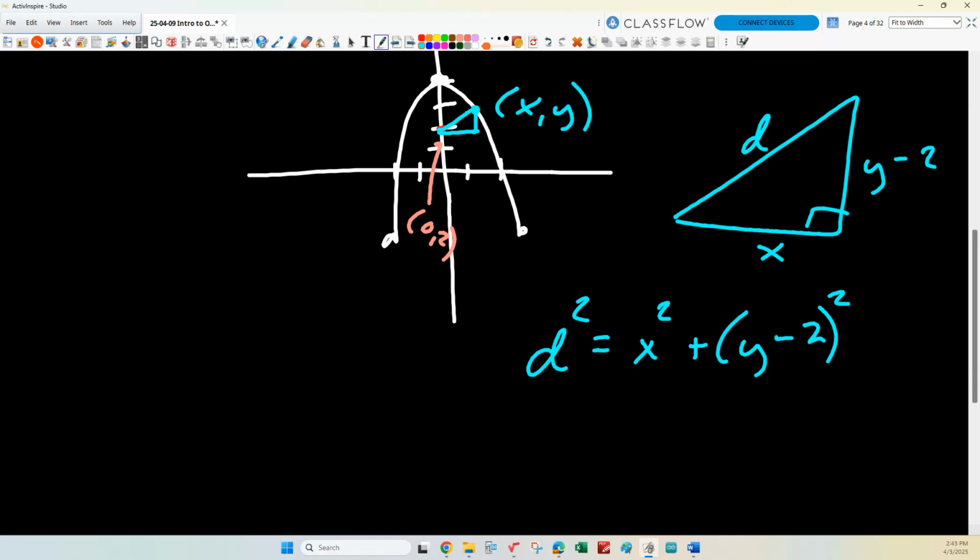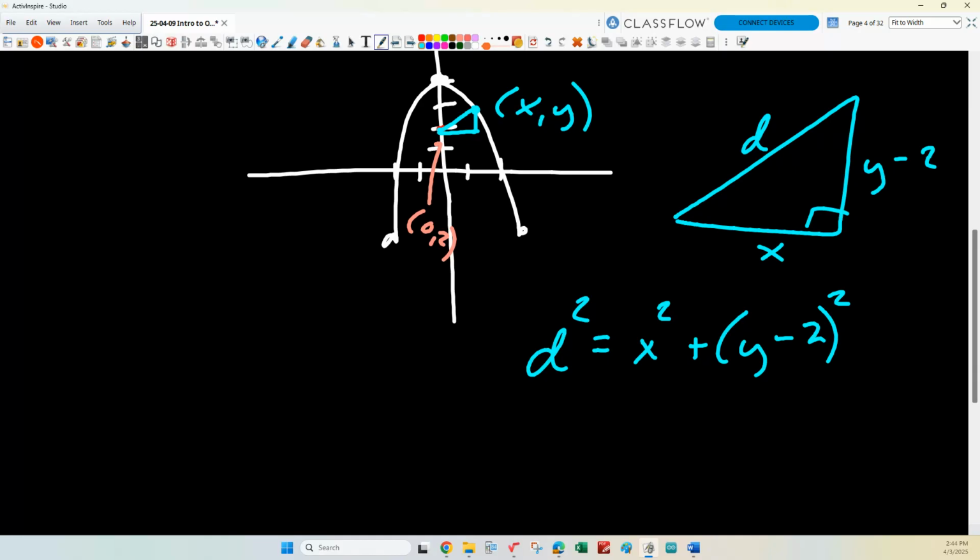What's going to be wrong with our equation, though? We don't have just x or y. It's okay to have a variable, but does the problem ever ask for what the distance is?